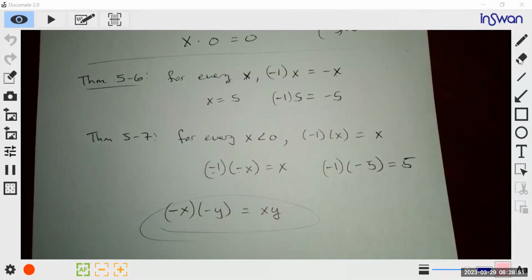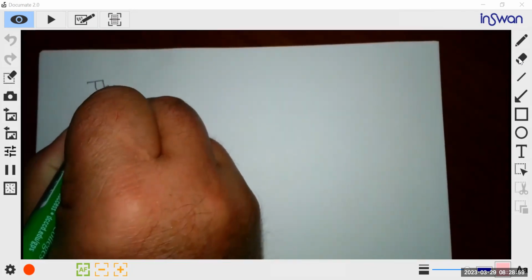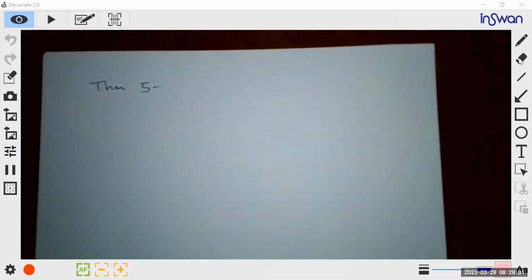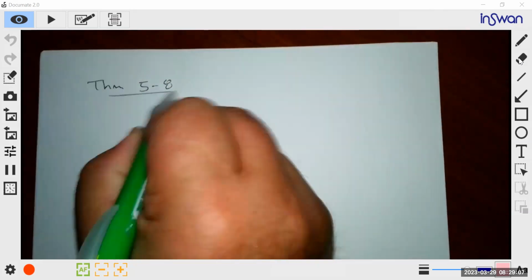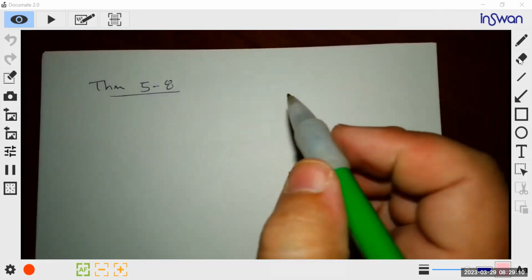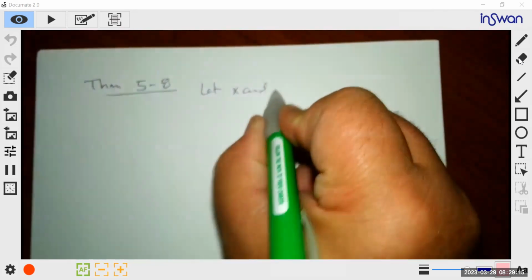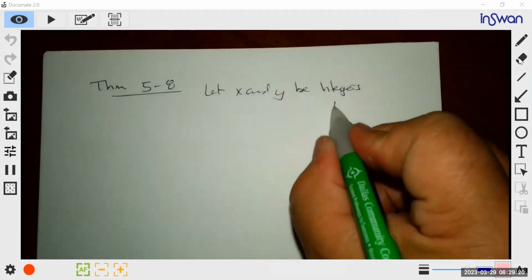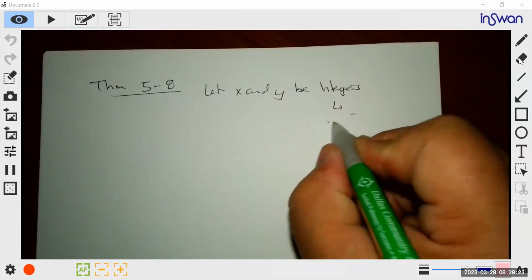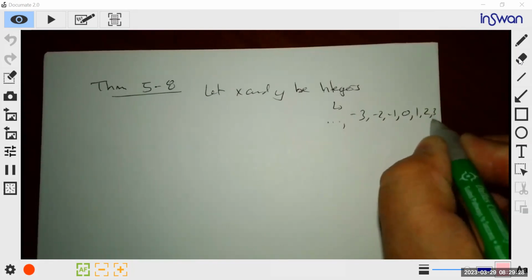All right, there's a couple more properties now that deal with signs. Or not properties, but theorems. Well, one more theorem, 5.8. Let x and y be integers. Remember, integers are positive numbers, 0, and negative numbers.